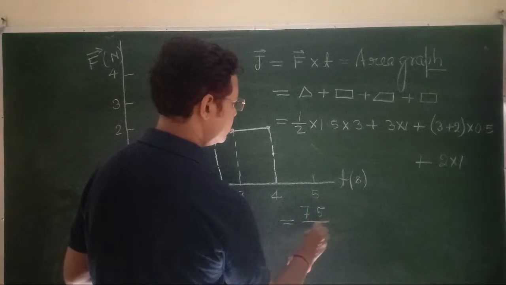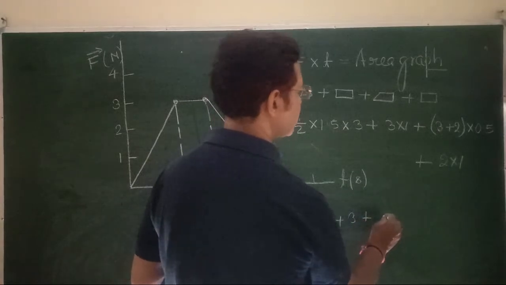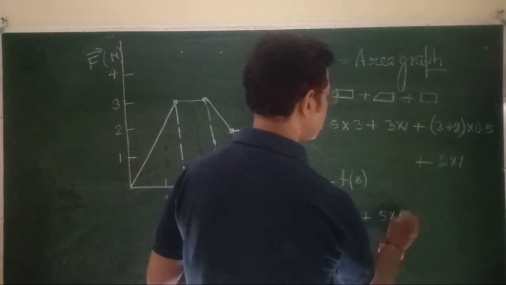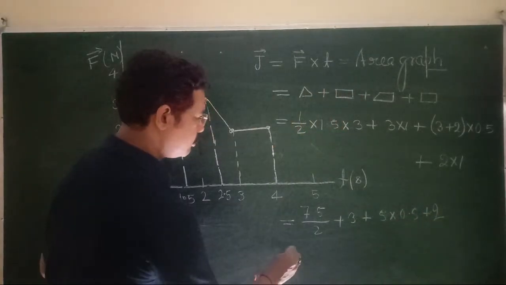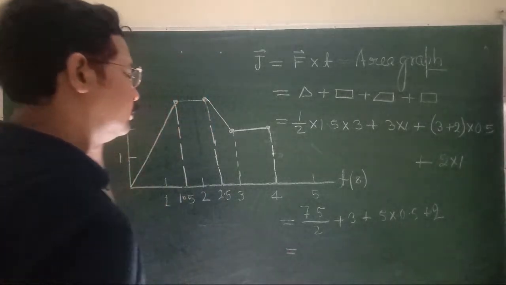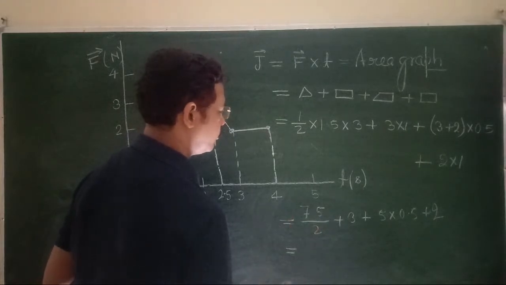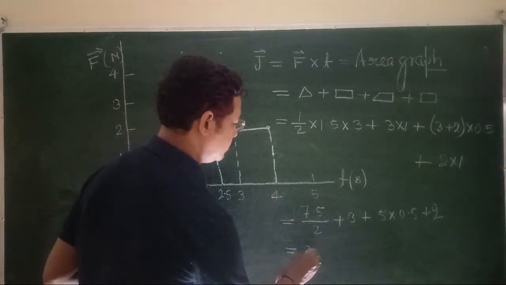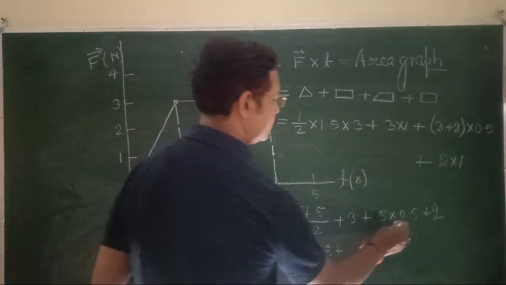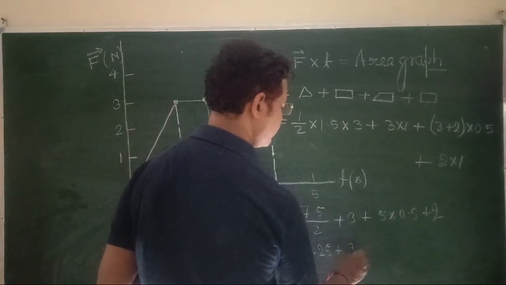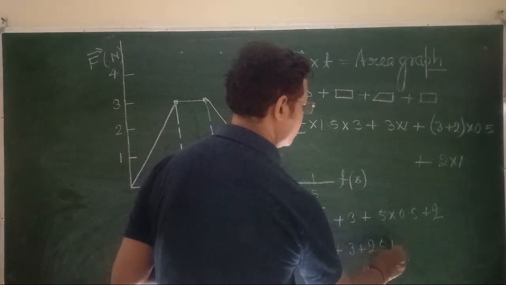7.5 upon 2 plus 3 plus 5 into 0.5 plus 2. This is equal to 3.25 plus this is equal to 2.5 plus 2.